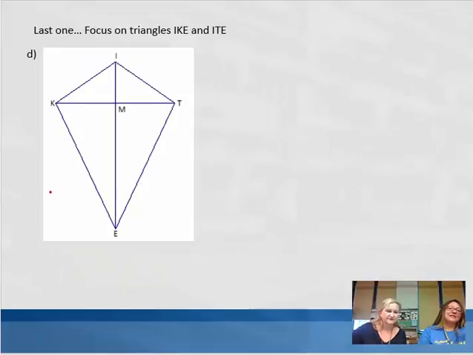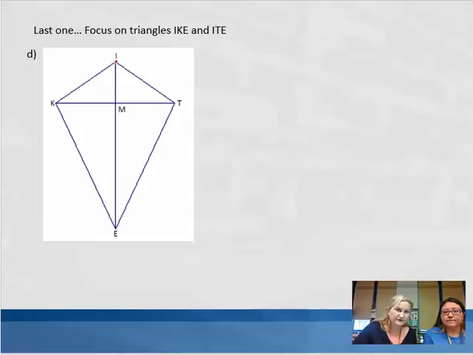Okay, so last one. So let's focus on triangles. So here I have triangle IKE. If you look in this diagram, there are many different triangles. I have this small triangle on the top and this small triangle right here that are congruent. I have this triangle right here and this triangle right here that are congruent.